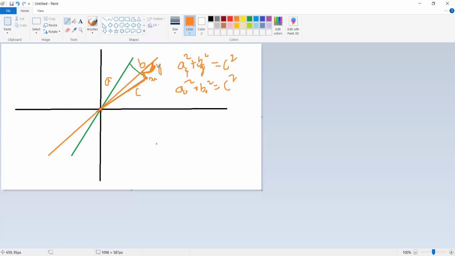Now, let's say this delta y is 2 and this delta x is 3. So slope is 2 by 3. So if slope is 2 by 3, then what will be this distance? Which is 2 square plus 3 square, right? 2 square, so 4 plus 9, 13.